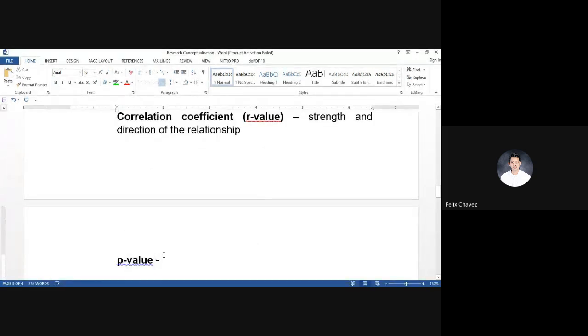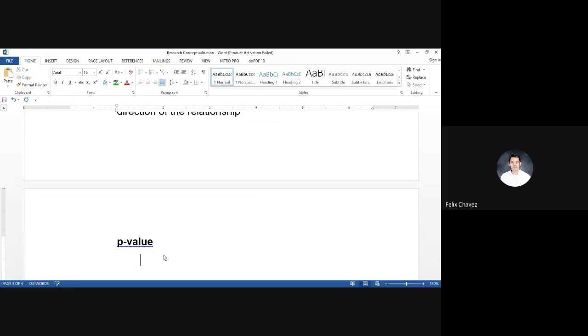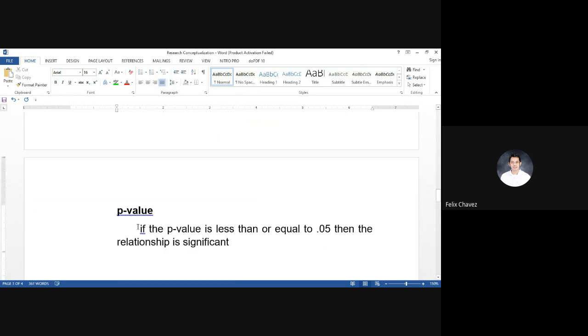Okay, if the p-value is less than or equal to 0.05, then the relationship is significant. Okay, so this is the condition.